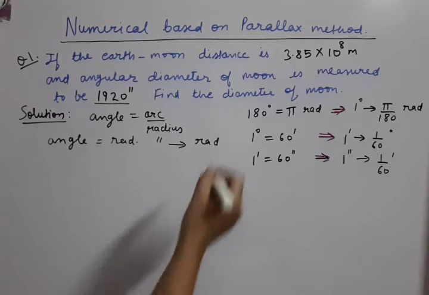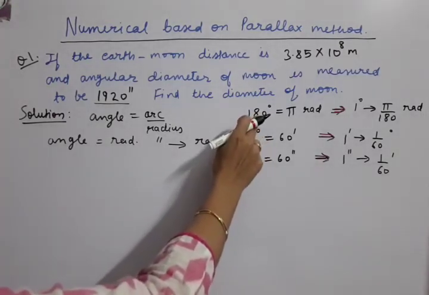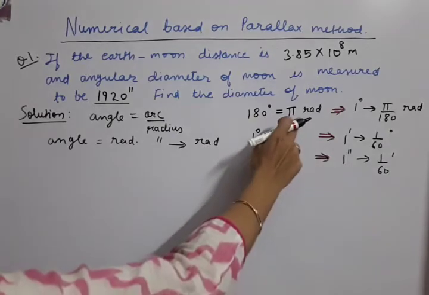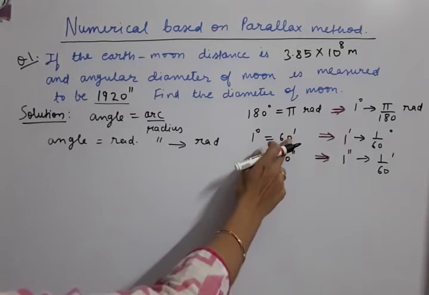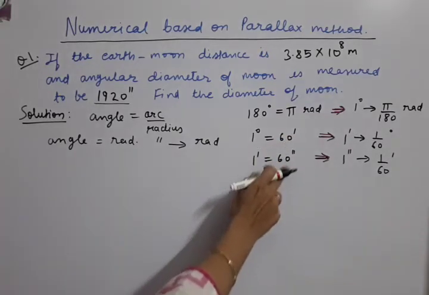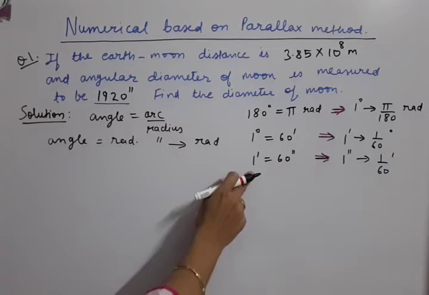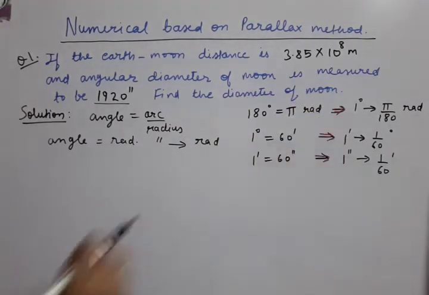If I have to find 1 degree, we shift this 180 down. In the same manner, for 1 minute, this 60 will be shifted down, and for 1 second, this 60 will be shifted down. These are the relations; whether you learn these relations or those relations, both are okay.